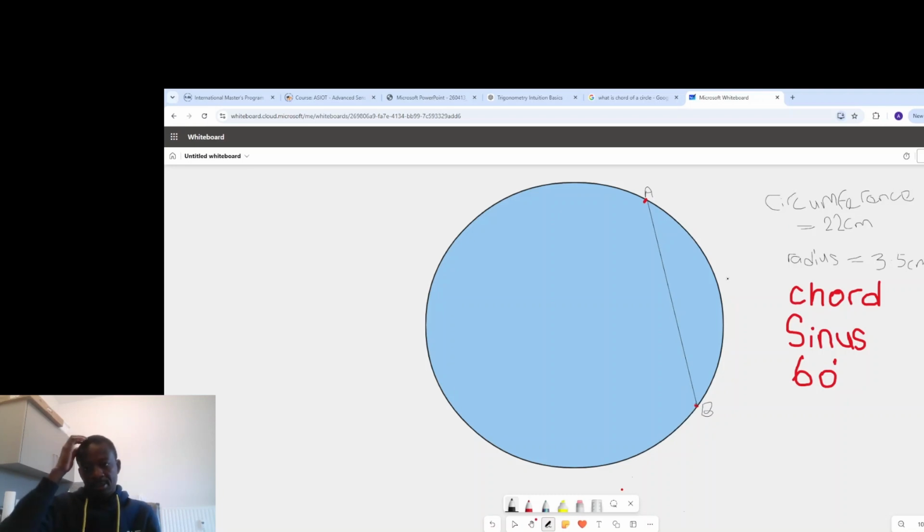Okay, now this is a straight line. This is a chord.